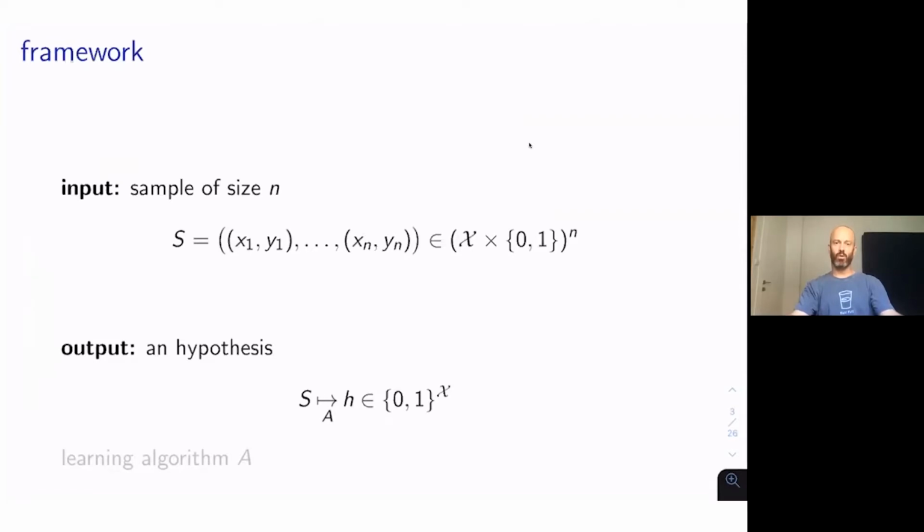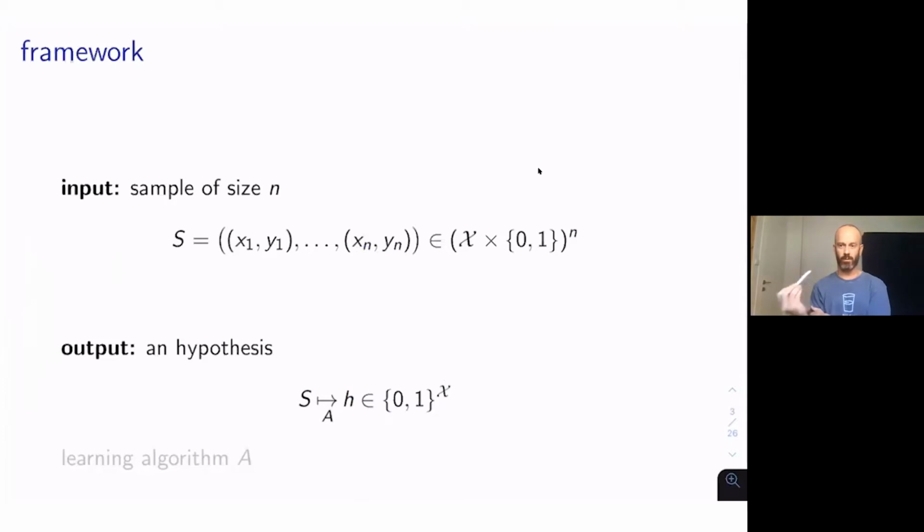Now we want to take this data and make it into a useful thing. What is a useful thing in the formalism we consider? We want to take this data, this sample S, and translate it to a function, a full function on the whole universe, on all of X. And this function will tell us in future examples that we did not see what is the corresponding y.